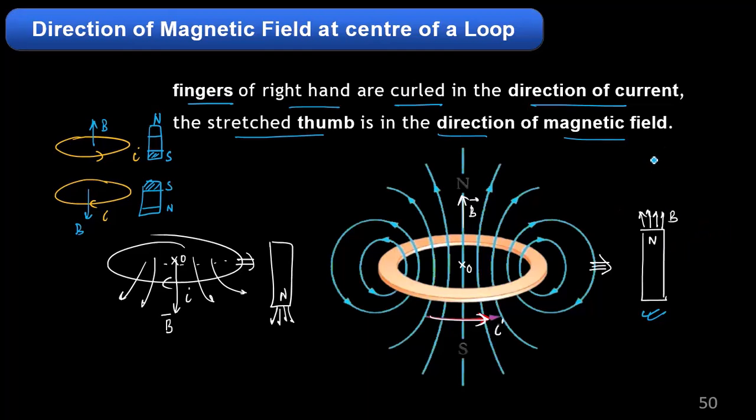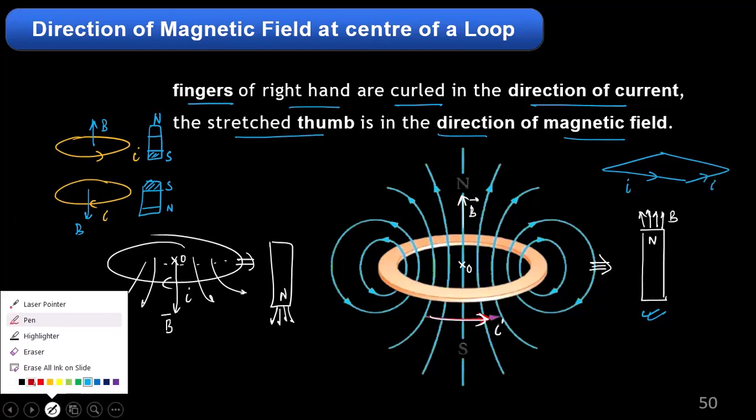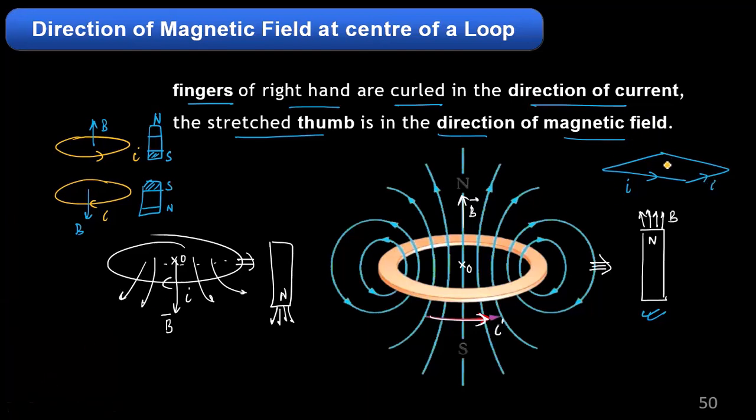So let us say there is a coil placed in the horizontal plane, like this circular coil. Through this, if this is the direction of the current flowing, can I say that the magnetic field line which is passing through the center of this coil is projected vertically upward? Why? Because I am only drawing the vertical line at the center of the loop.